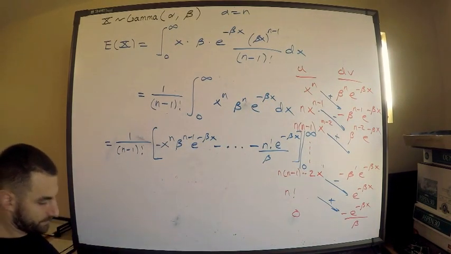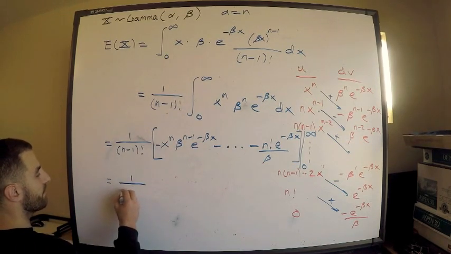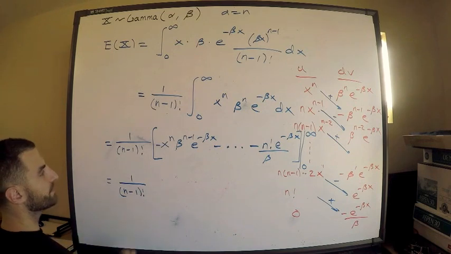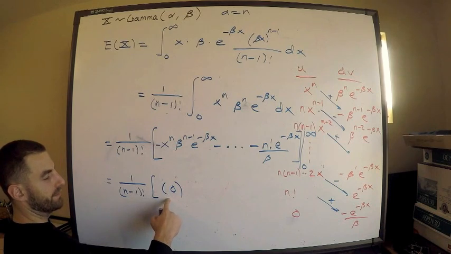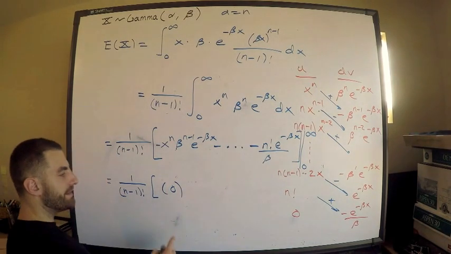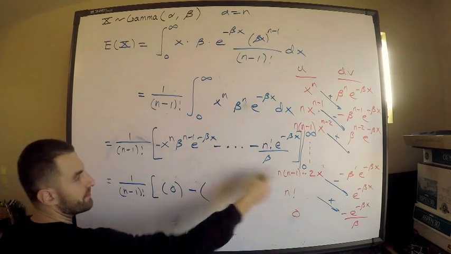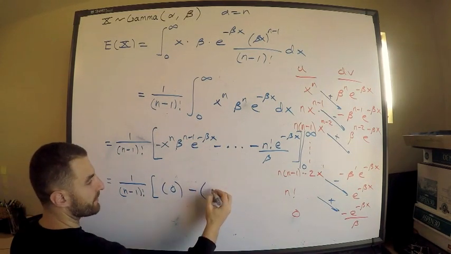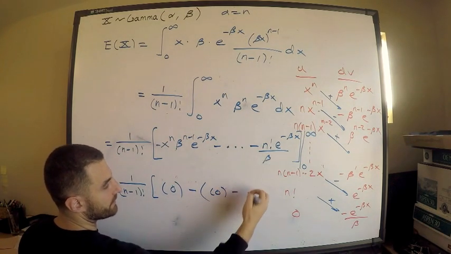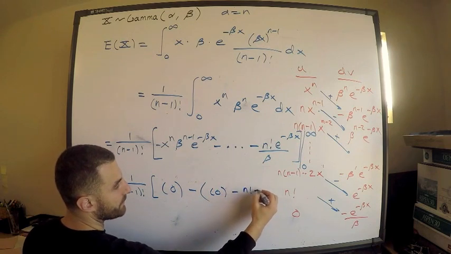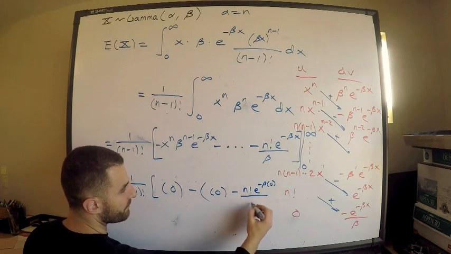So what is this equal to? Again, write this out if you want to be more convinced. This is 1 over n minus 1 factorial times, this is me plugging in infinity. When I plug in the upper bound infinity, everything zeroes out. Minus, now I plug in the 0 to everything. I'm using the fundamental theorem of calculus here. Minus 0, but then I have minus just this term, this is n factorial e to the negative beta times 0 over beta.